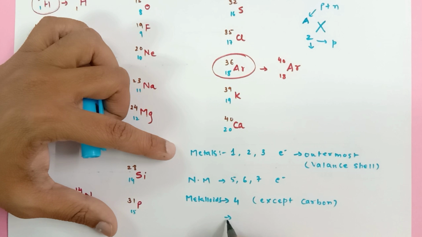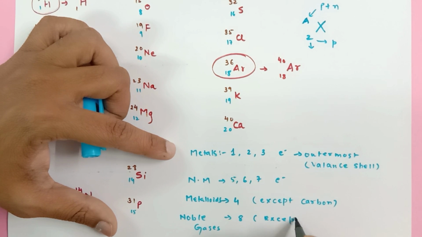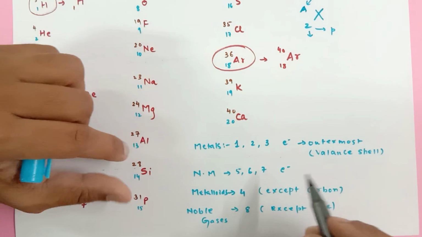And if you have 8 electrons in the outermost shell, then they are called noble gases. Exception again, helium, and I'll tell you this in quite depth.